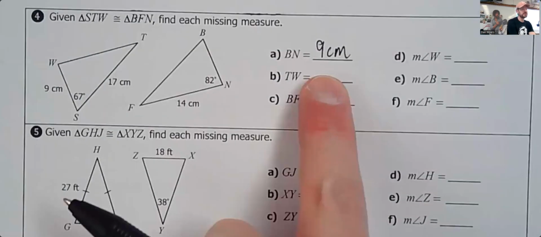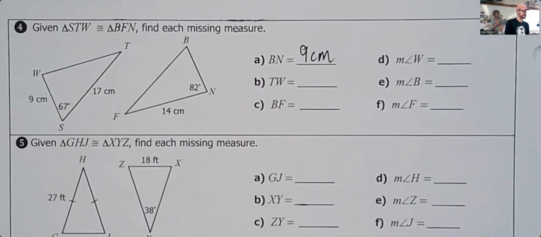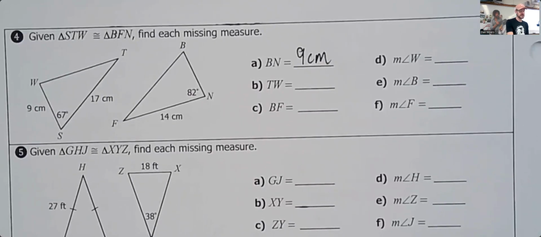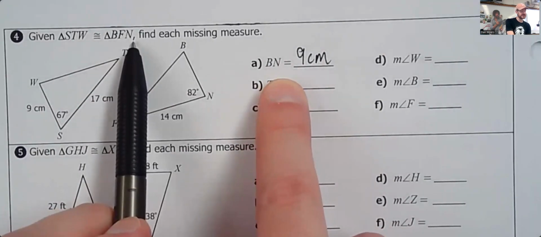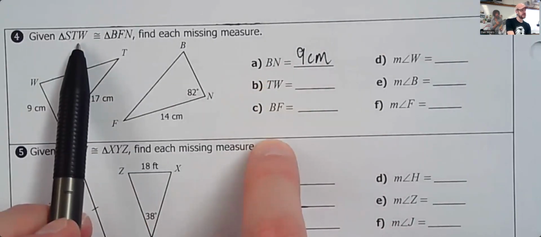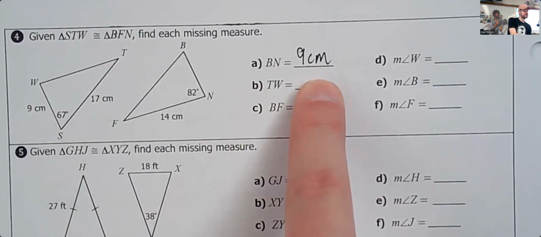Don't write SW over here, write the length of SW, which is 9 centimeters. So BN, from B to N on the second triangle matches from S to W on the first one. And since SW is 9 centimeters, so is BN.